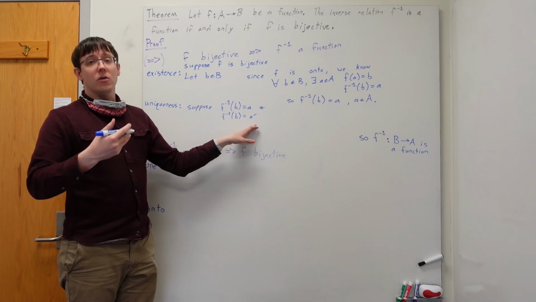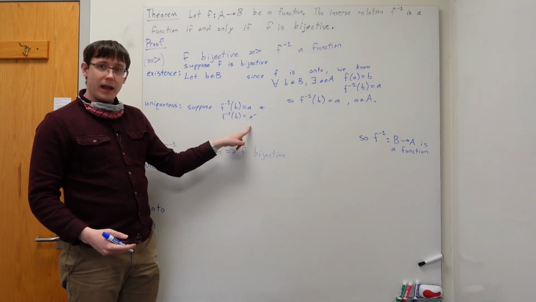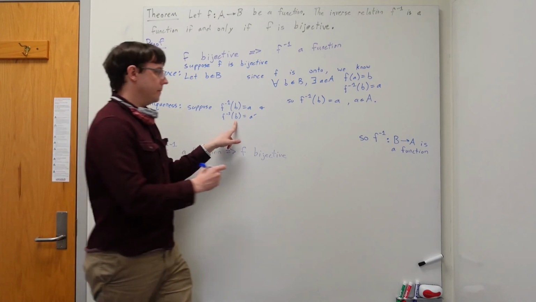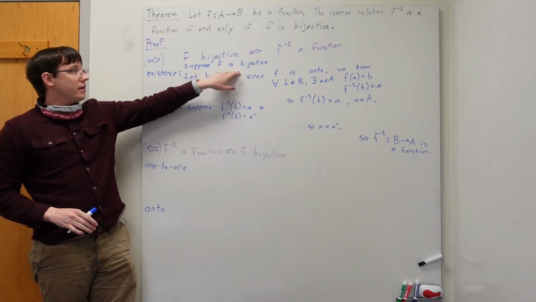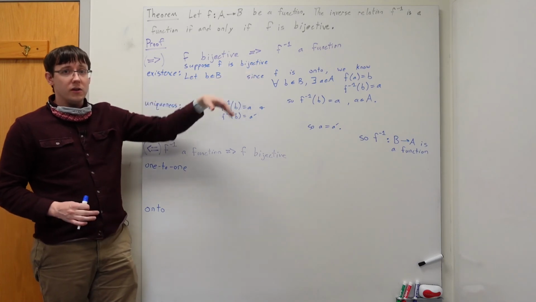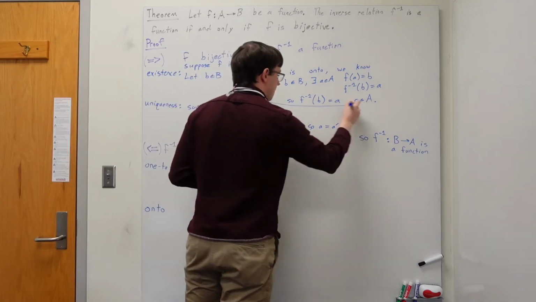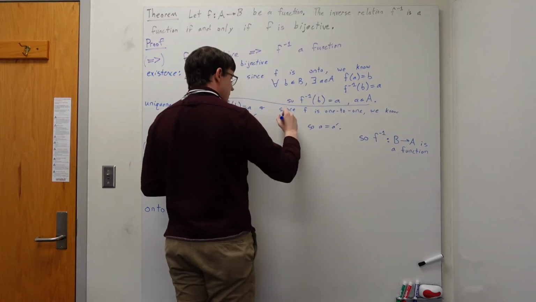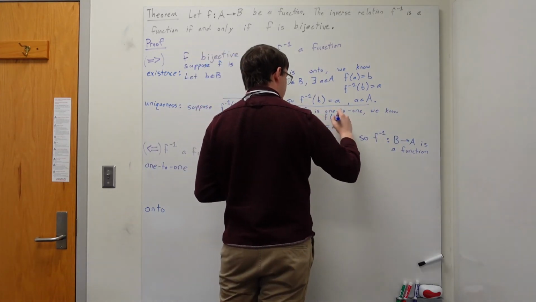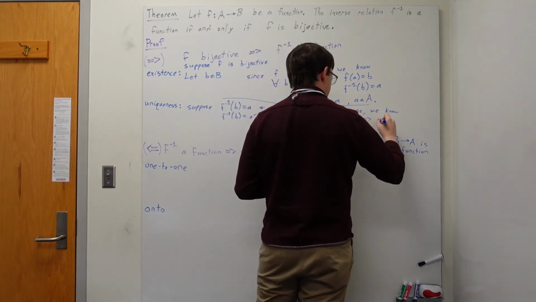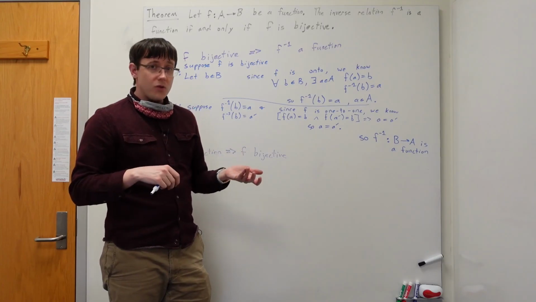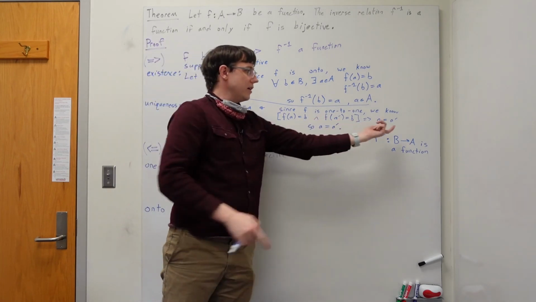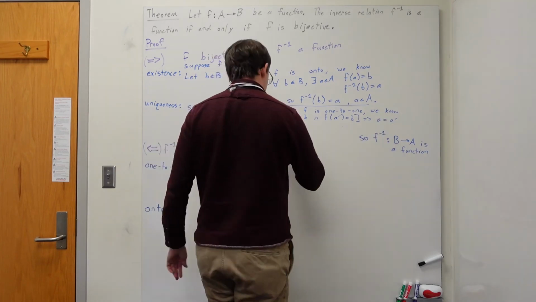And we want to arrive at the conclusion that a and a prime are equal, so that we only have one output for b. And here we can use the fact that a bijective function is one-to-one. Since the function f is one-to-one, that means the only way we can get two outputs that are the same is if the inputs were the same.